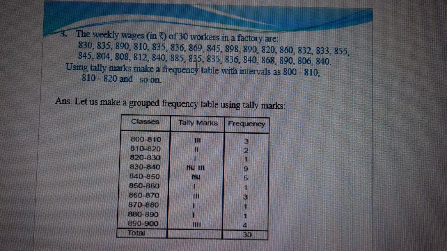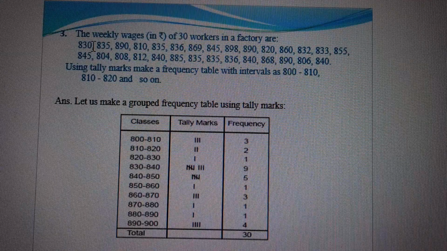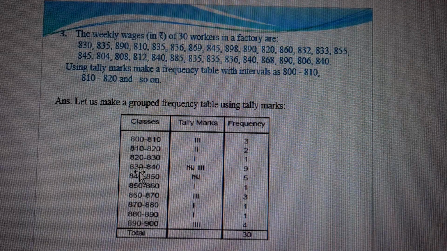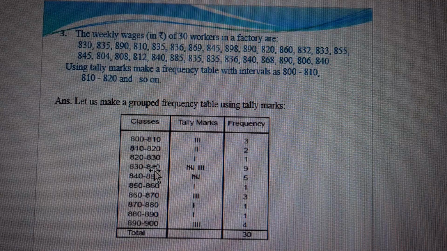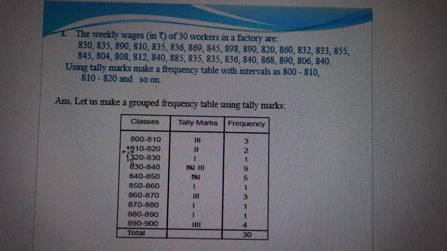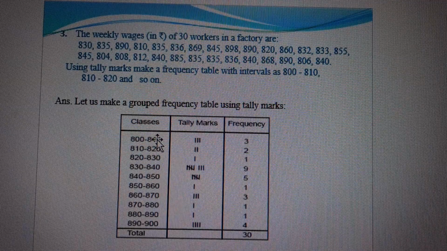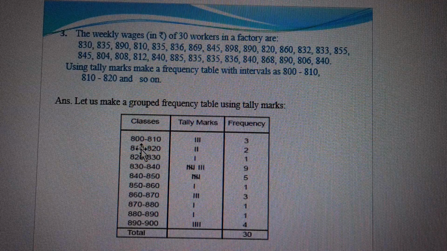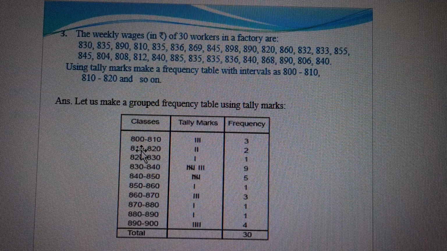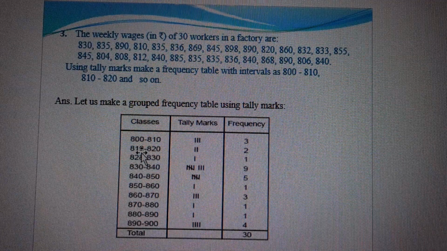Then again you will count, or you just read the first number 830, where 830 comes in between 830 to 840. You can understand this: 800 to 810, 810 to 820. 810 exactly will be included in the next class, where it starts from 810, or the lower limit is 810.